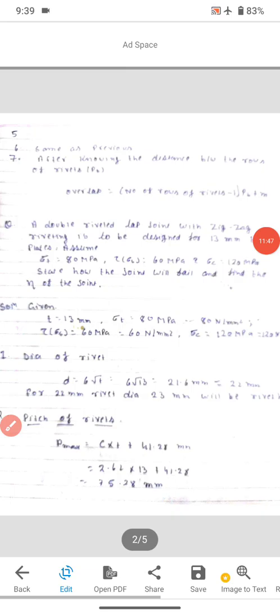So we have completed the theoretical part of the design of the circumferential lap joint for a boiler shell, and the longitudinal butt joint also for the boiler.